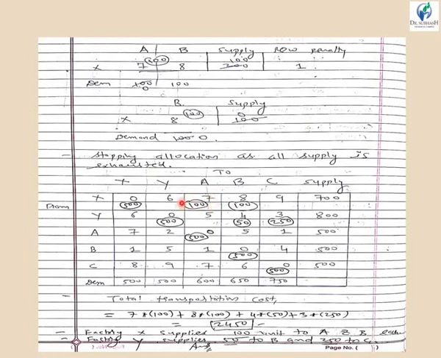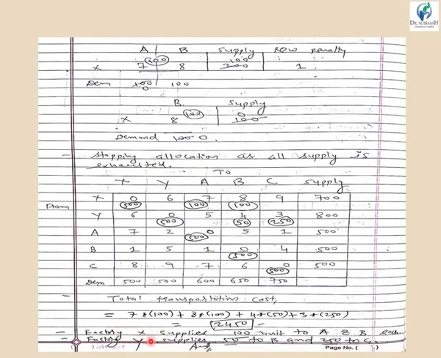these values shown in the round are Xij, the number of units to be transported. Multiplying all the values, you can find that the total transportation cost will be 2450. That is the total transportation cost, 2450. Now let us see in which pattern the shipment takes place.